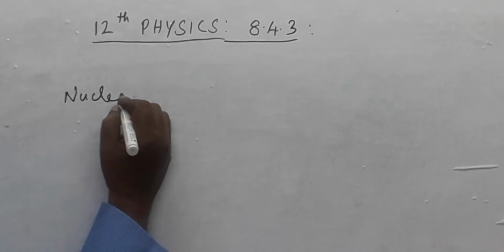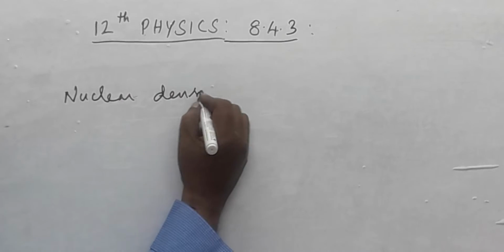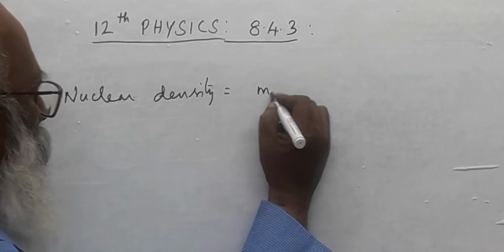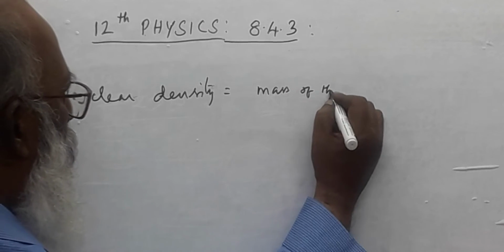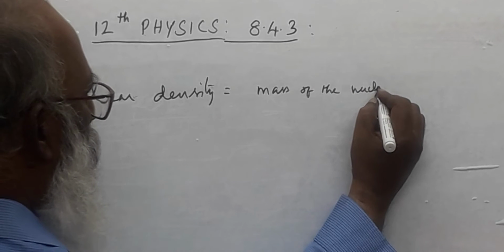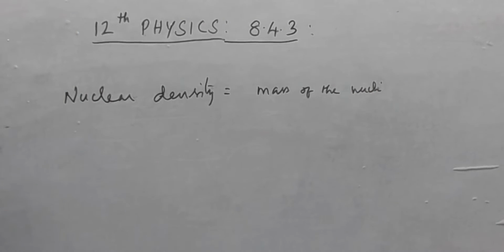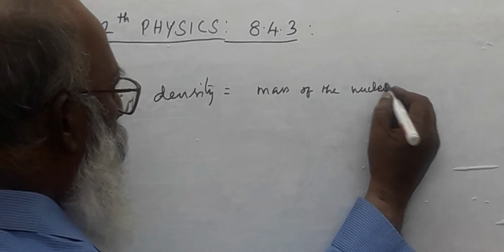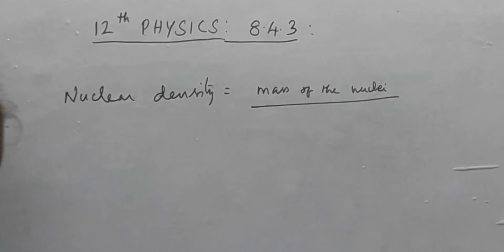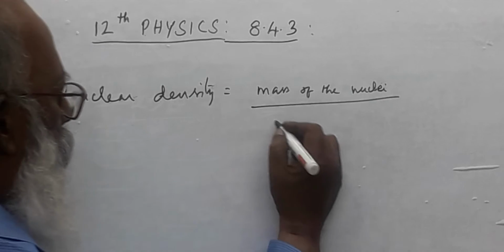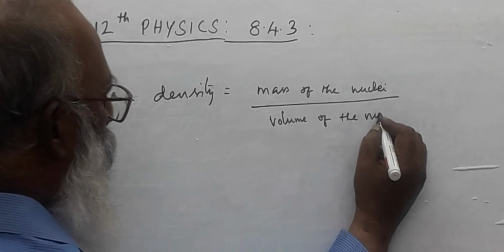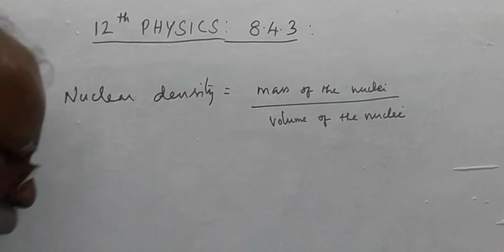Nuclear density is nothing but mass of the nuclei divided by volume of the nuclei.